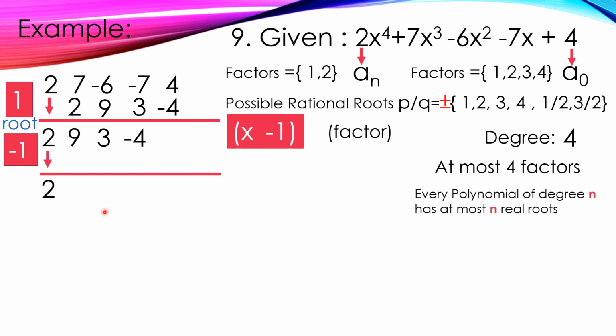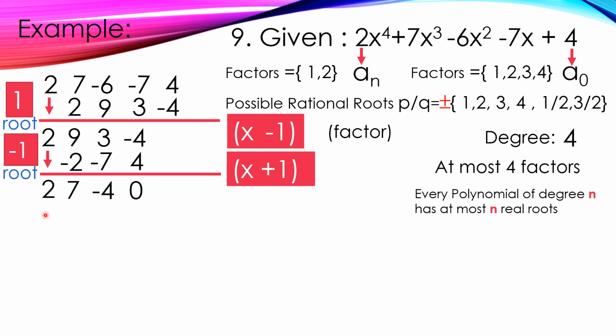So bring down 2, then multiply 2 and negative 1, we have negative 2. 9 plus negative 2, we have 7. 7 times negative 1, we have negative 7. 3 plus negative 7, we have negative 4. Negative 4 times negative 1, positive 4. Negative 4 plus 4, 0. Again, since the remainder is 0, we can say that negative 1 is one of the roots and x plus 1 is one of the factors.